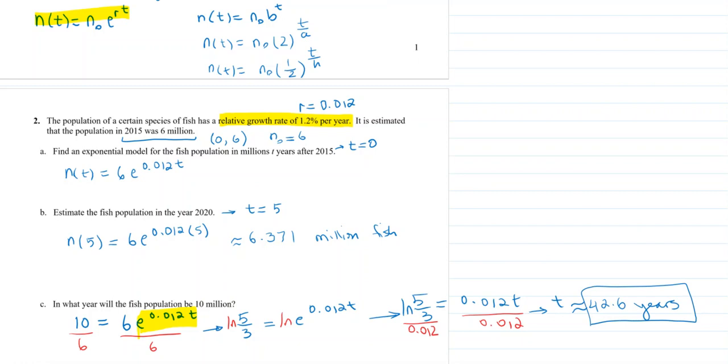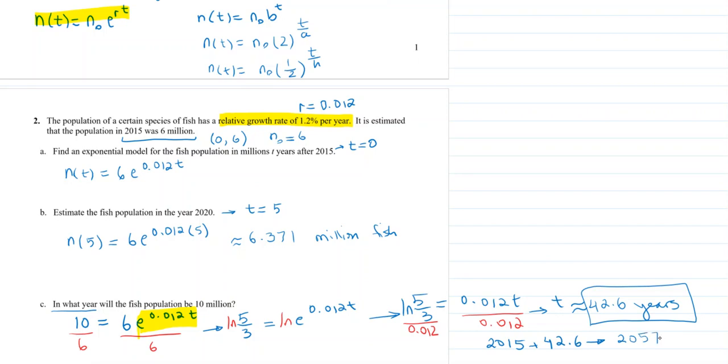Oops, but I really shouldn't box that up. Always answer the question that you were asked. In this case, it's in what year? Well, if year 0 was 2015, then I have to add that 42.6 to 2015, which is 2057.6. So you can interpret this two ways.